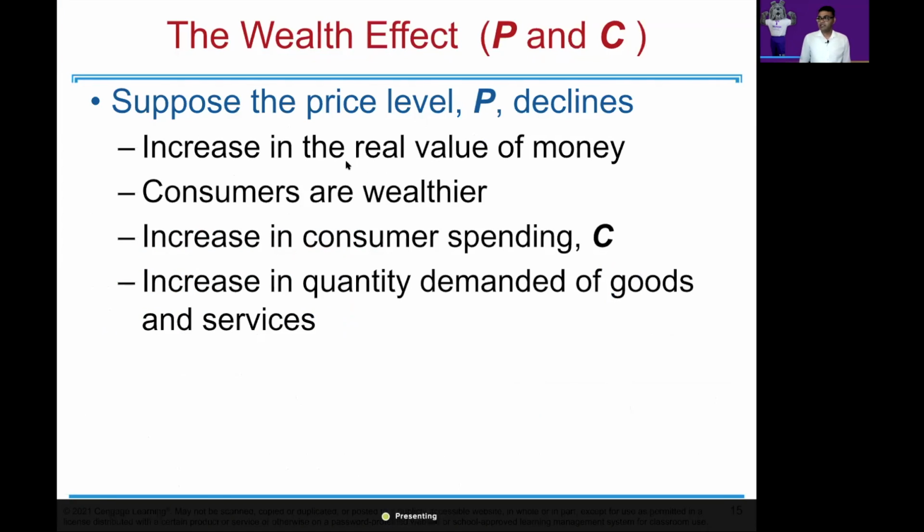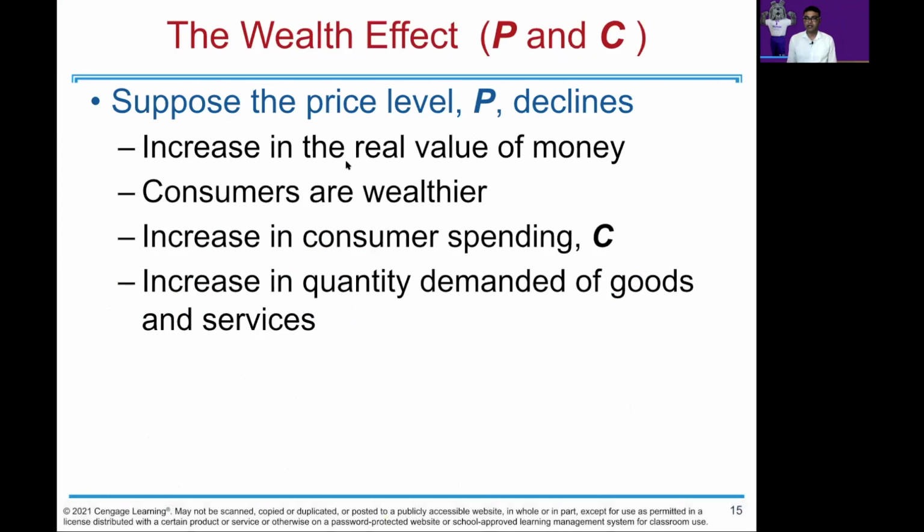The first one is the relationship between P and C. This is what we call the wealth effect. Let's see what the wealth effect is. Suppose the price level, P, declines. That increases the real value of money.